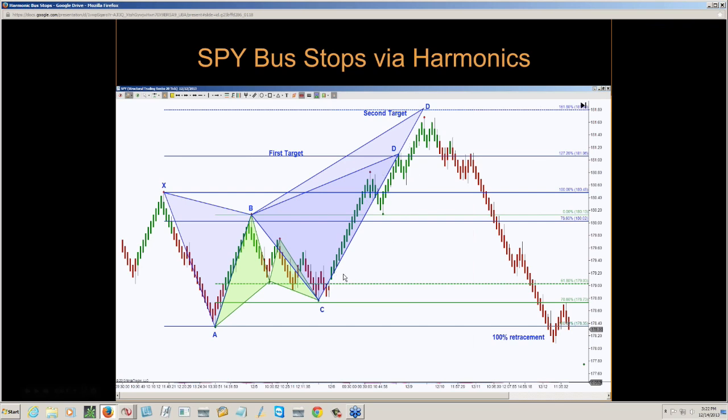So that gives me a higher probability that I'm going to be correct in my analysis. My risk would be under the green fib, right? I already know that if it's going to go back down there, it's probably going to keep chopping around. More than likely, it will go back to red bars. So I already have a defined risk. I have defined targets, and it makes it so much more mechanical.